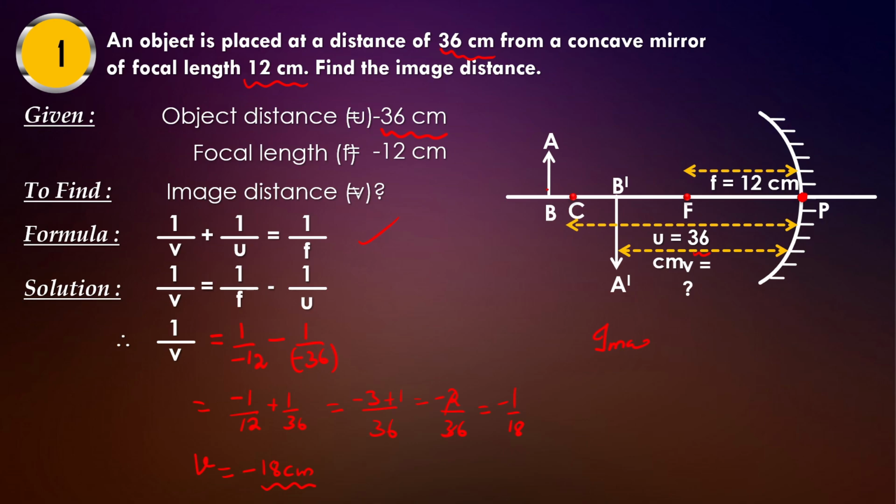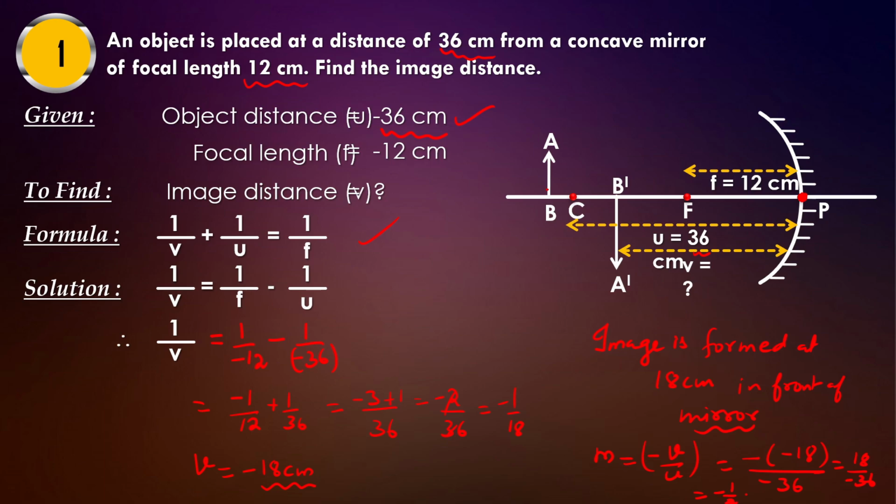The image is formed at 18 centimeters in front of the mirror. Look, negative is coming, so it will be real. How will we find the size? You can calculate the magnification. It was not asked in this problem, but it is minus V by U. Minus V is minus 18 divided by U. U was minus 36. So the value is 18 by minus 36, which is equal to minus 1 by 2.